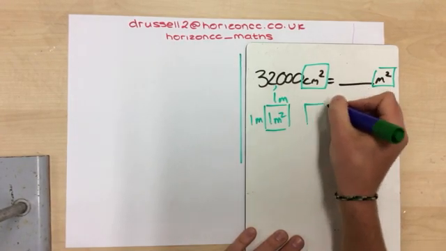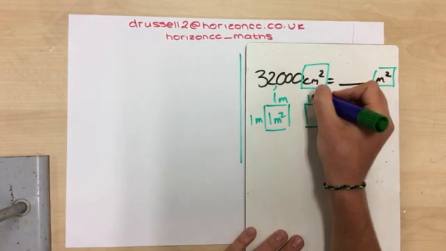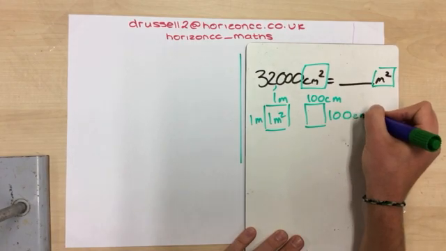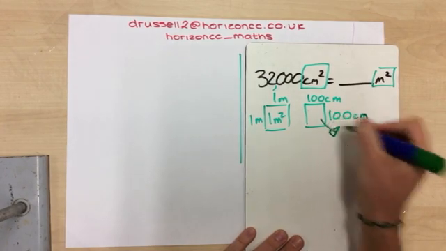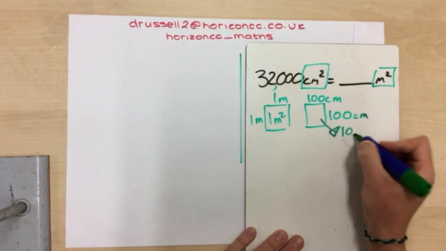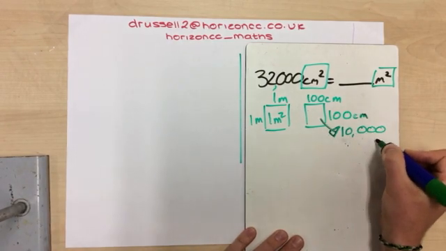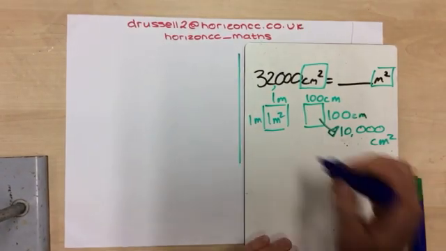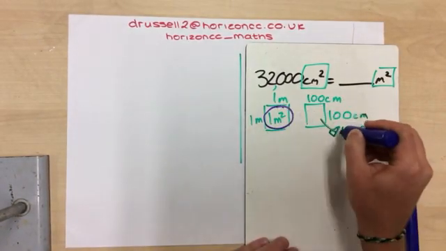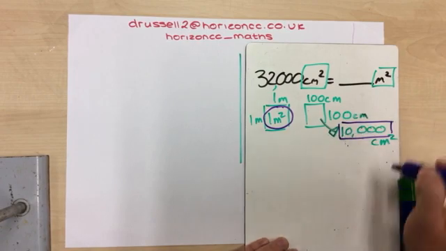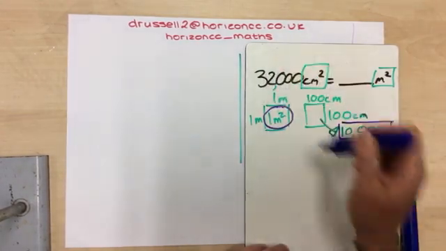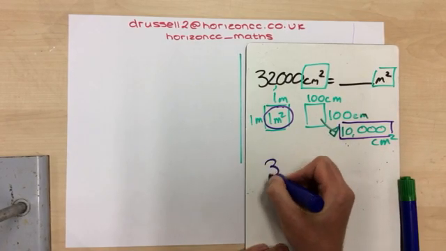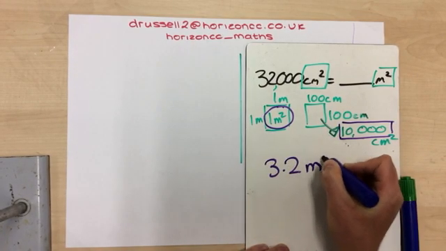But an identical square would be 100 centimetres by 100 centimetres, and I'm going to run out of room inside that box. Well, 100 multiplied by 100 gives me 10,000 centimetres squared. So we can now say that 1 metre squared is equal to 10,000 centimetres squared. Well, I've got 32,000 centimetres squared here, so that must mean I've got 3.2 metres squared.